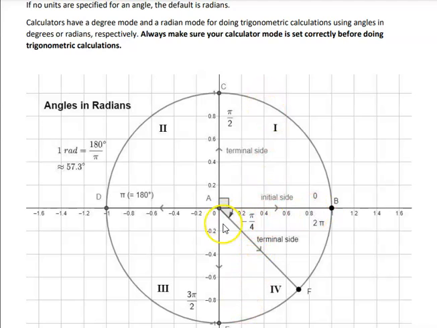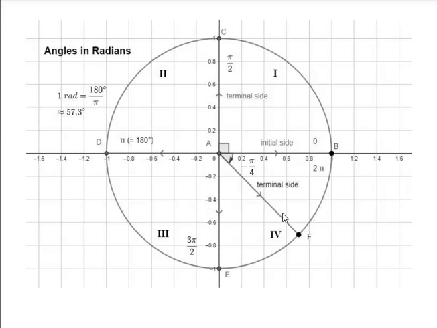Here in this diagram we see a 0 radian angle, the same as before, but now the 90 degrees is pi over 2 because we're dealing with a unit circle here of radius 1.